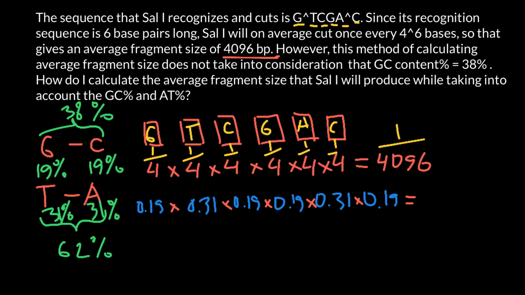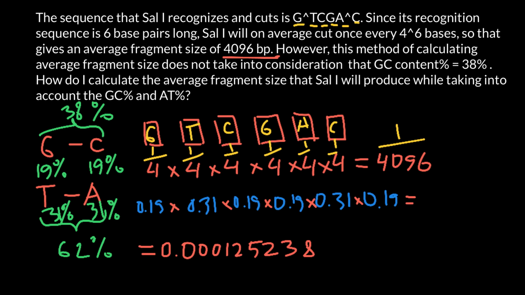This is going to be just a probability which would equal 0.001252338. So this is again the probability that if we take 6 base pairs randomly, we will find these bases in this order.